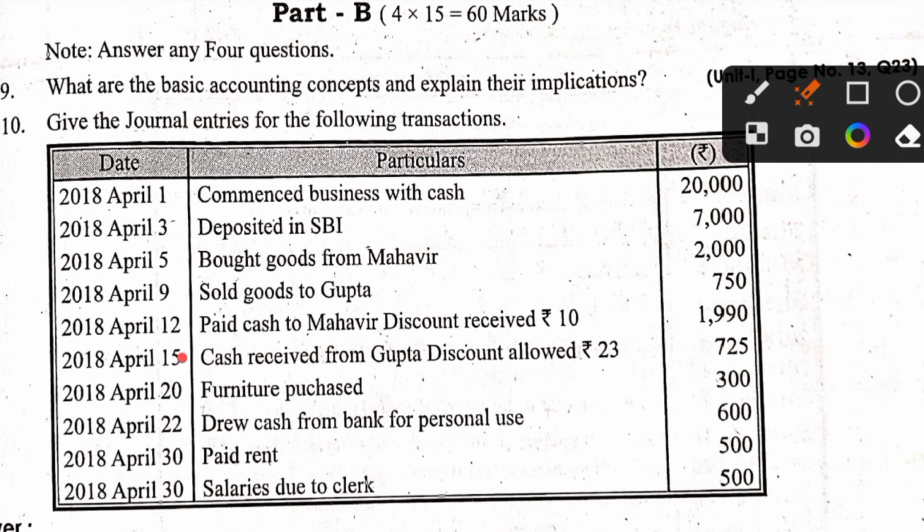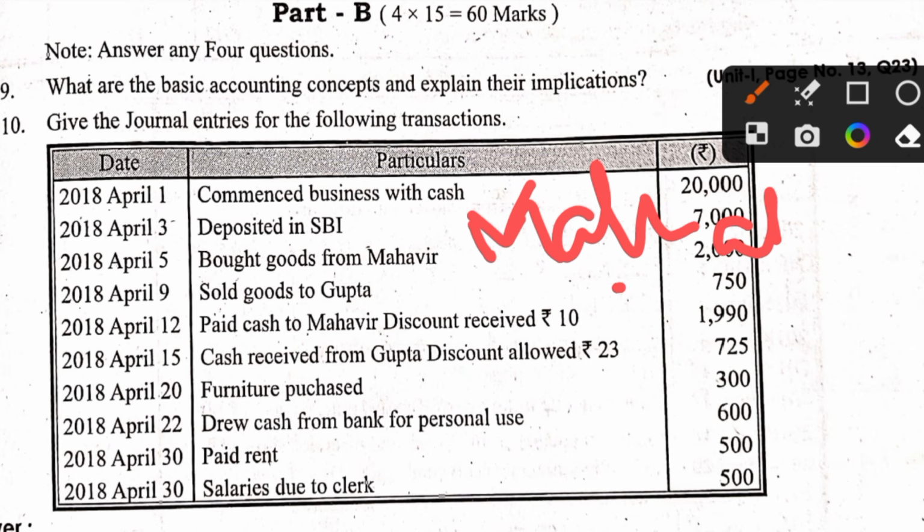Okay, so paid cash to Mahavir, Mahavir is a personal account. So personal account rules ఏంటి? Debit the receiver, credit the giver. So Mahavir is a receiver, right? So Mahavir account debit to cash, is cash coming in or going out?